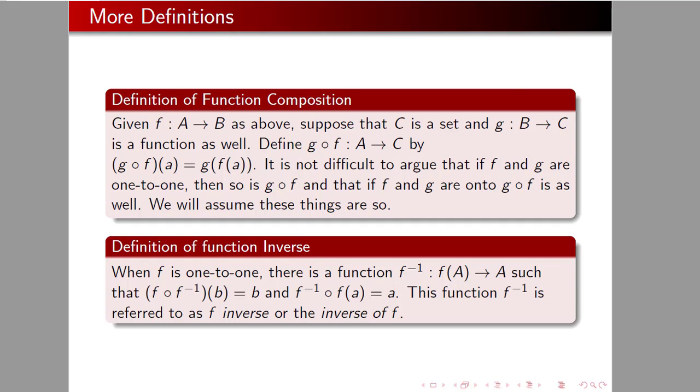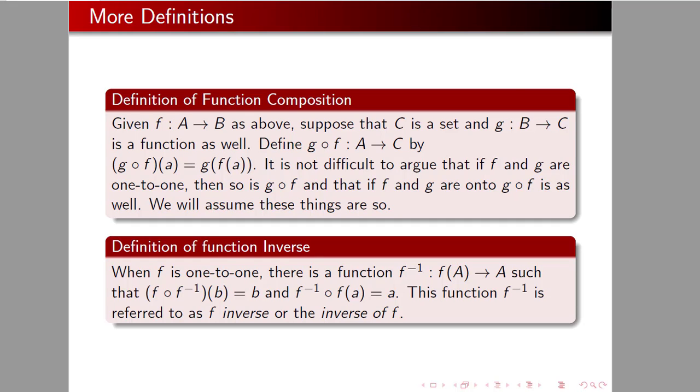So g composition f of a is just g of f of a. It is not difficult to argue that if f and g are 1 to 1, then so is g composition f, and that if f and g are onto, so is g composition f. We will assume these things. You've probably seen their proofs in another class, so let's continue.